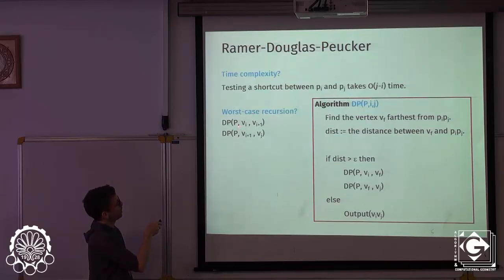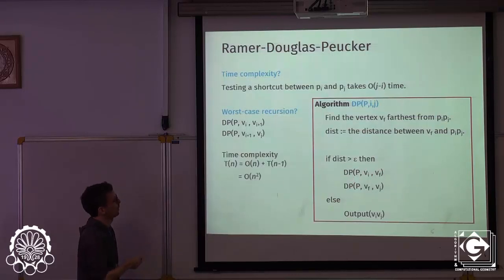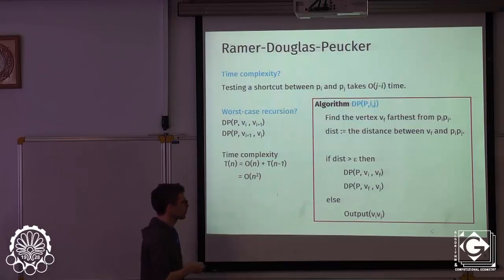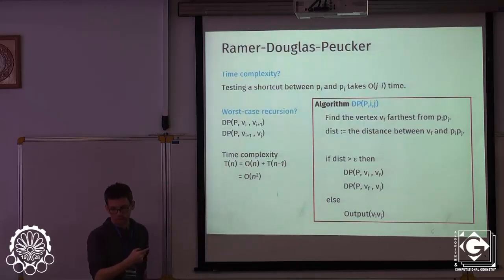Then I have this recursion, and in the worst case, what might happen is that if immediately the second point is already the furthest, then this is a very unbalanced split. So maybe I'm just splitting off a very small part of the trajectory, and then this is a quadratic time algorithm. And there are improvements in computational geometry.